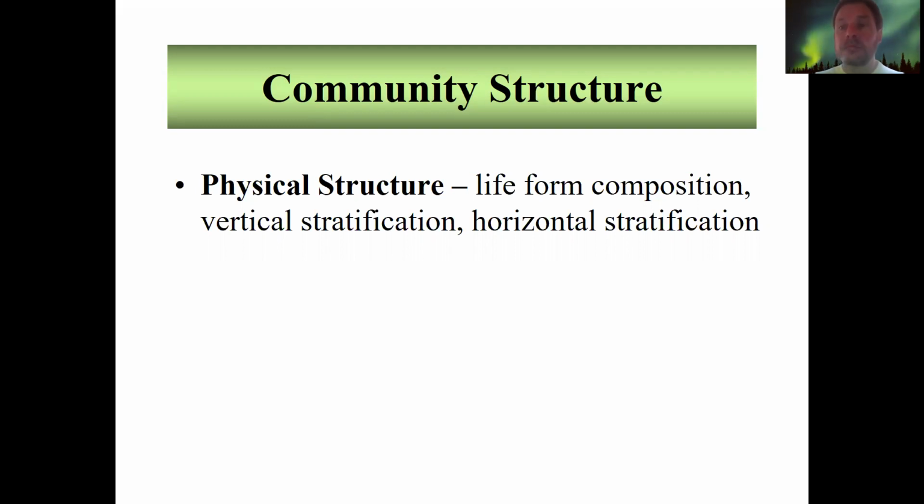Do they have different layered structures, like trees in the upper story and shrubs in the understory and herbaceous plants on the forest floor close to the ground? Also, as you walk through the community, does it change in composition? Say in a forest, does it have a lot of gaps in the canopy?